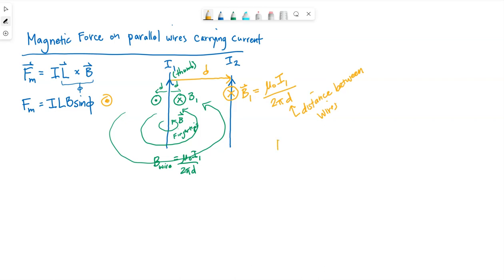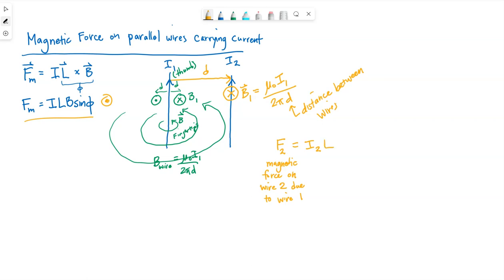So in terms of the magnitude, the magnetic force on wire 2 due to wire 1, just using this equation on the left, depends upon the current flowing through wire 2.